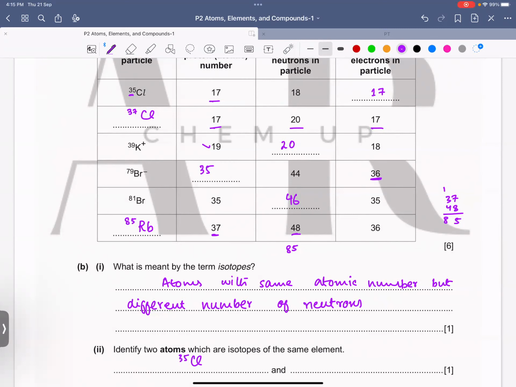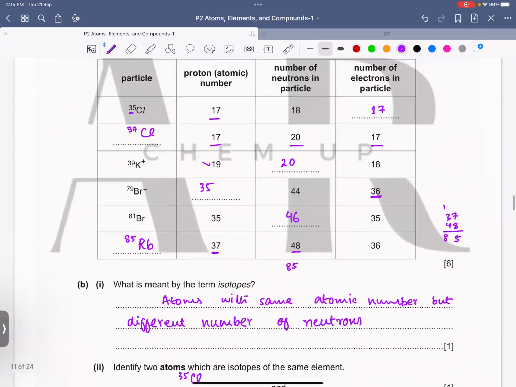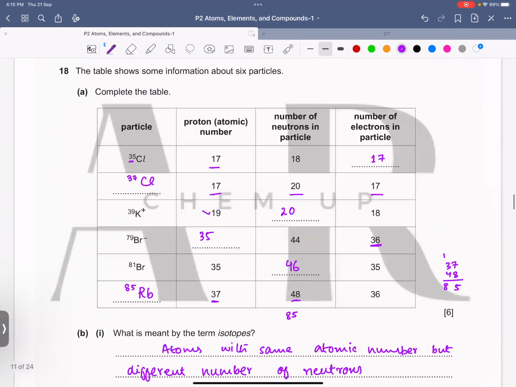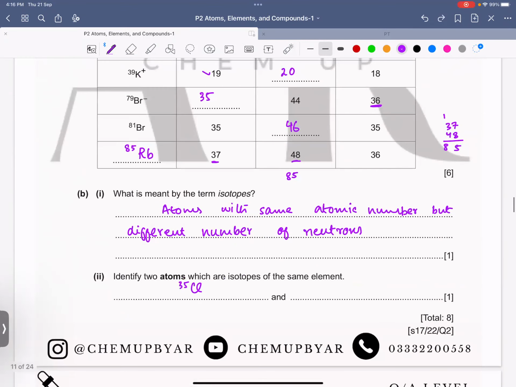See, they have bolded the word atoms over here. So there is no charge on these two, which means these two are atoms. These two are also isotopes, but one is not an atom. So we cannot consider bromine in this case. So we will mention chlorine-35 and chlorine-37. Is this understandable? Yes.